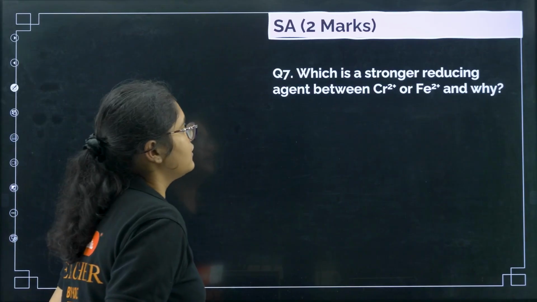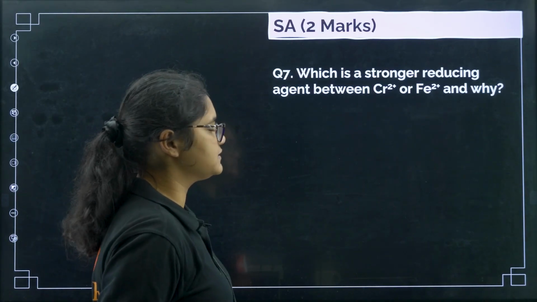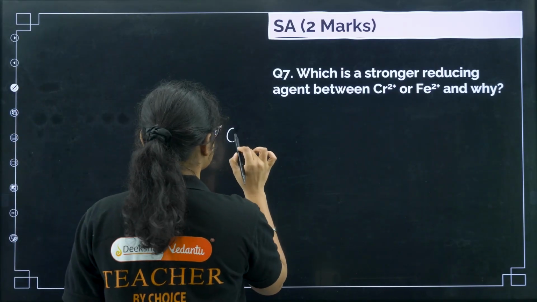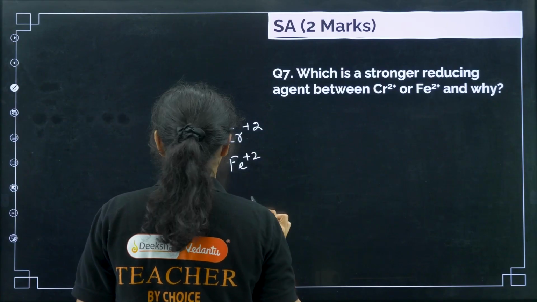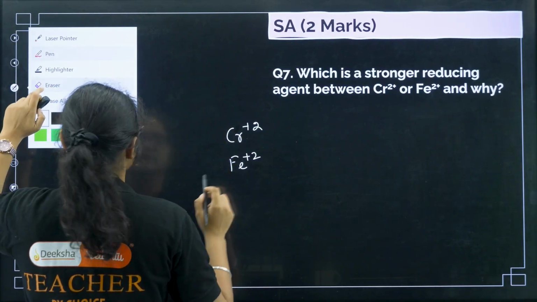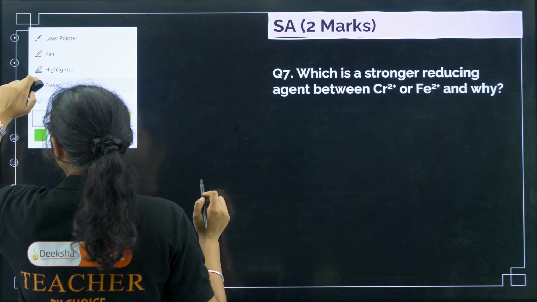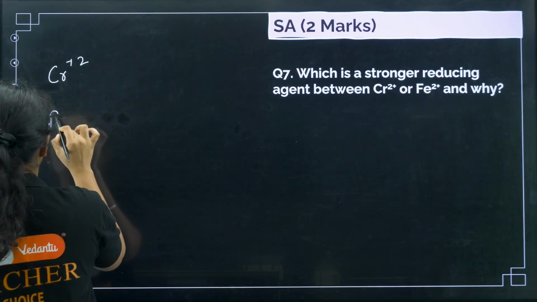Okay. Next, question number 7. Which is a stronger reducing agent between Cr2+ or Fe2+, and why? Okay, so you have Cr2+ and we have Fe2+, right? Let me write down here so that I won't overlap. Cr2+ and Fe2+.